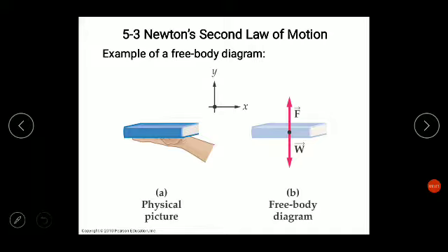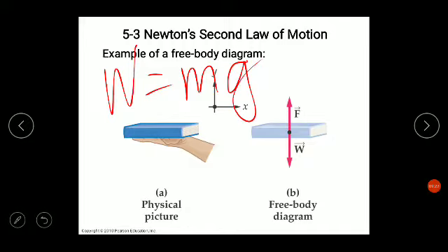An example of the free body diagram, you have here a book. The book is of course lying in the palm of the person. We all know that the book has weight, and the weight is due to the gravity. Bear in mind that weight is a force. Weight is equal to mass times the acceleration due to gravity.